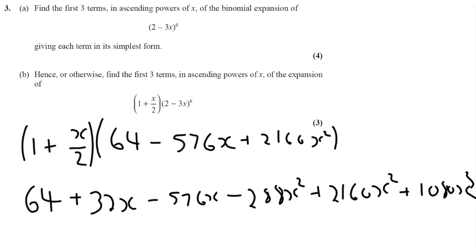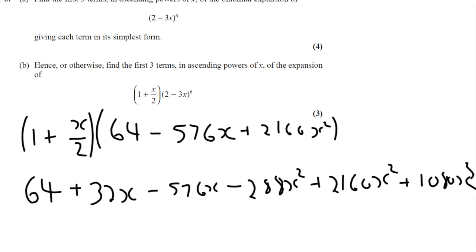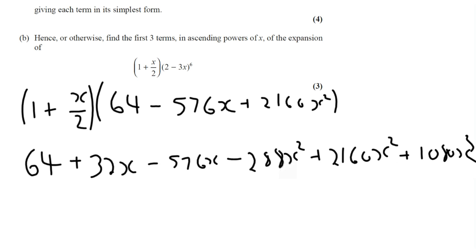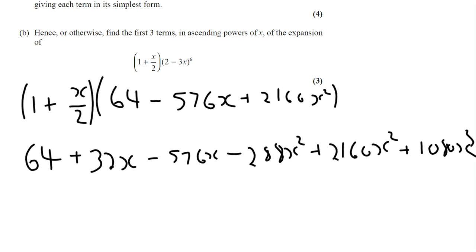I've not quite got enough room to fit that on, but actually that doesn't matter, because we're only finding the first 3 terms. We're not interested in the x cubed, so we don't actually care about that term. So we can disregard that one. So the first term is going to be 64.